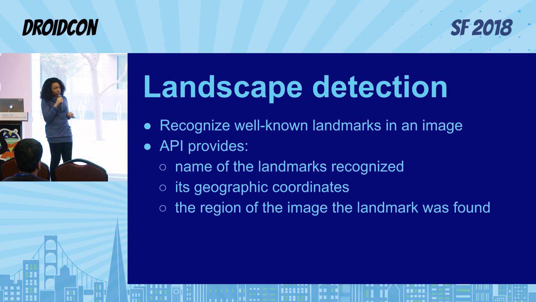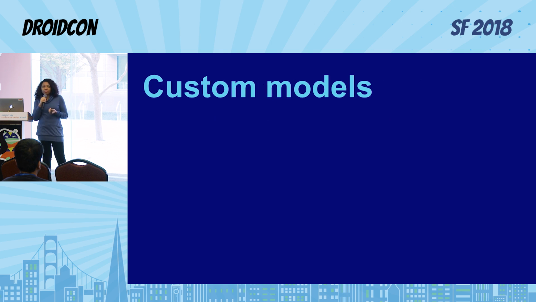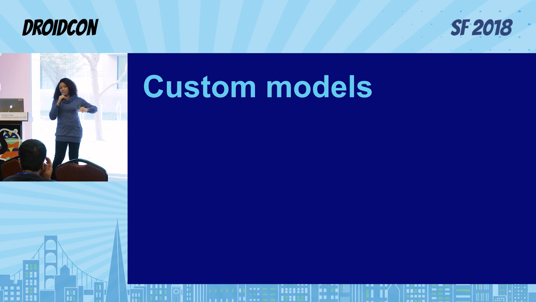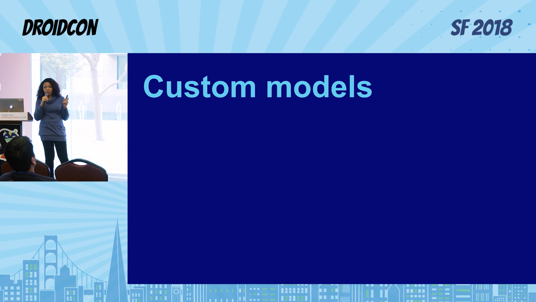And then custom models. So I mentioned earlier that you may have different use cases in your app, and ML Kit does not satisfy those use cases. So like all the ones that I've gone over, let's say you want to build a smart app, but ML Kit doesn't satisfy that. You can build your own custom model with TensorFlow.